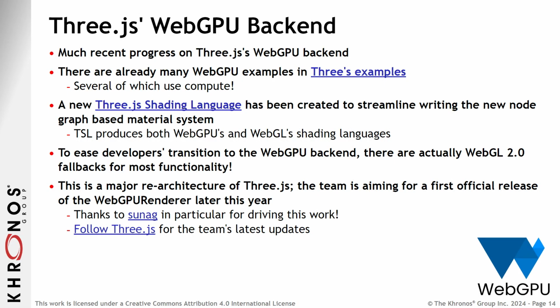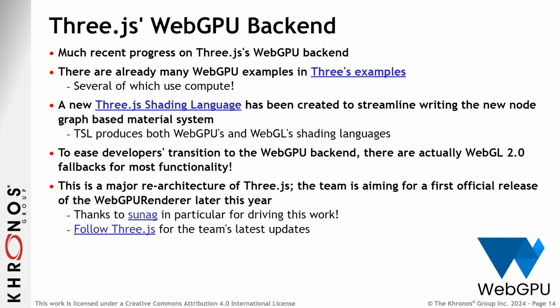So the developers made a shading language which is abstracted between the WebGL and WebGPU backends, and a new node graph material system and a backward compatible material, so that if you're just using WebGL today, you can basically say new WebGPURenderer instead of new WebGLRenderer, and most code, if you didn't write GLSL shaders, will just work.